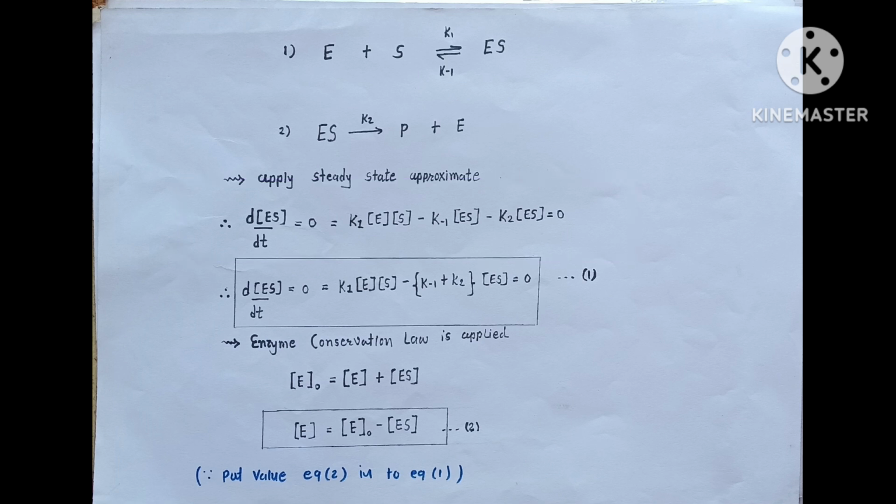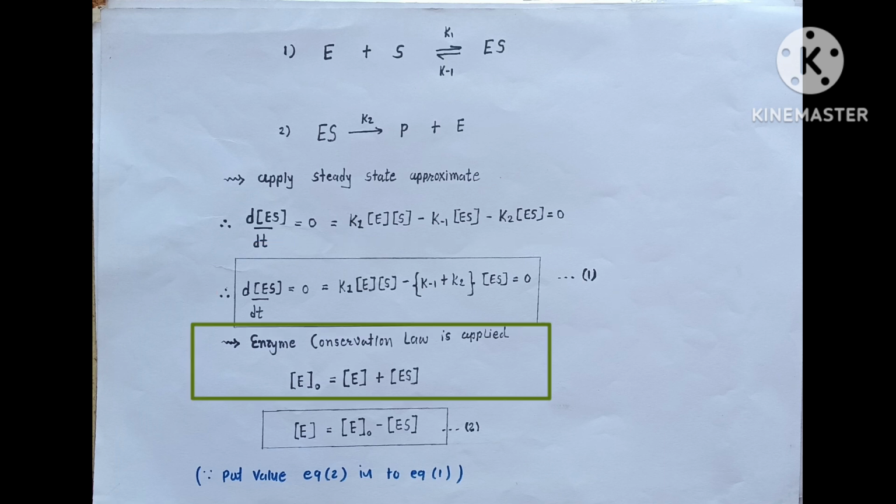Now here you can see the enzyme substrate complex ES is common. So what do we get? dES/dt is equal to K1 E S, then minus (K-1 plus K2), because minus and minus convert into plus. So here (K-1 plus K2) in brackets, and we get ES as common, and it is equal to 0. So we consider this as equation number 1.